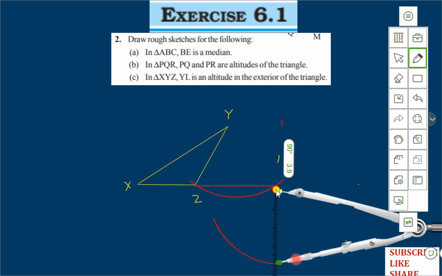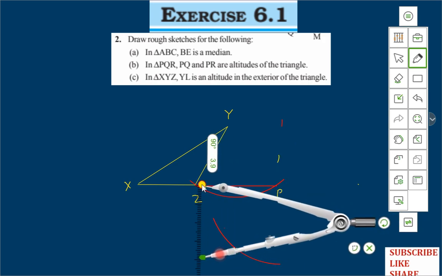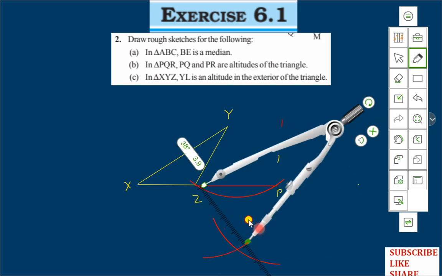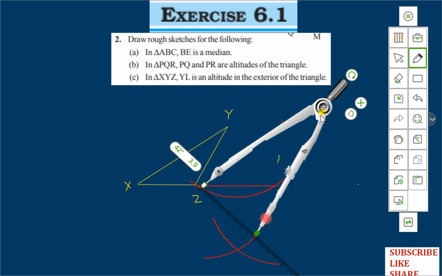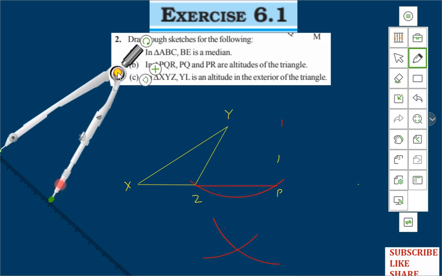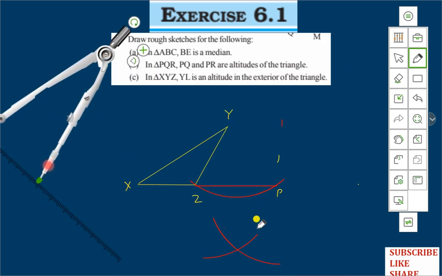And take this pointer at this point Z and take another arc, right? Now if we draw, this will be the altitude on this line, right?